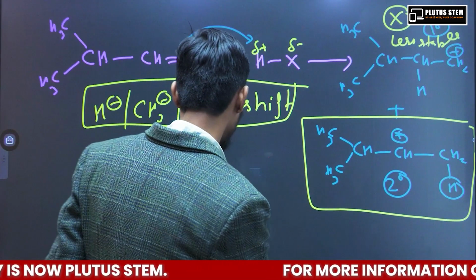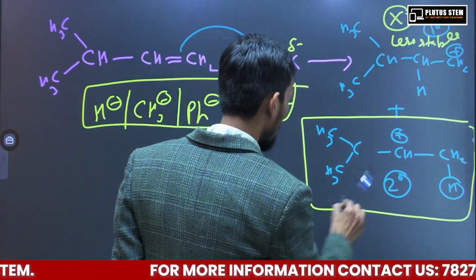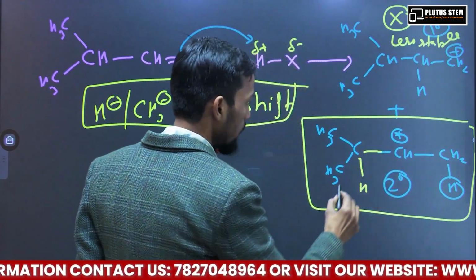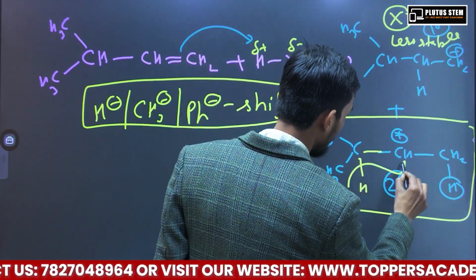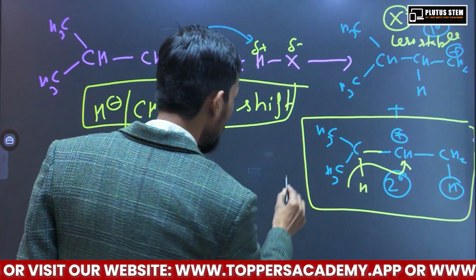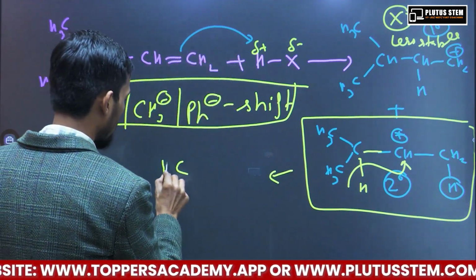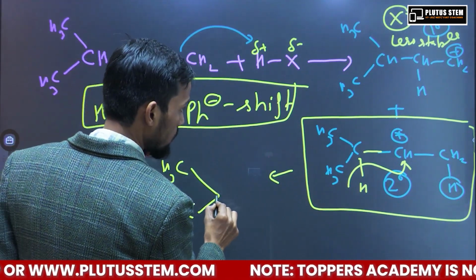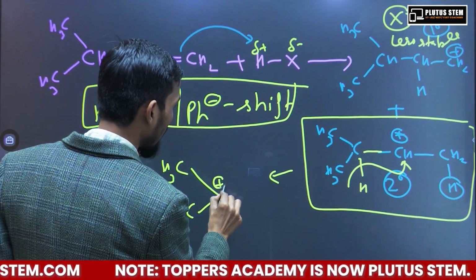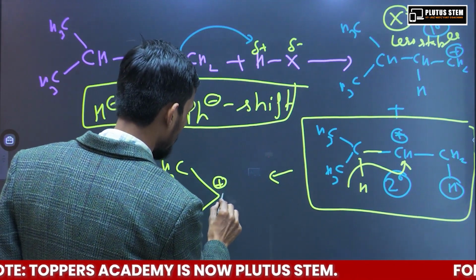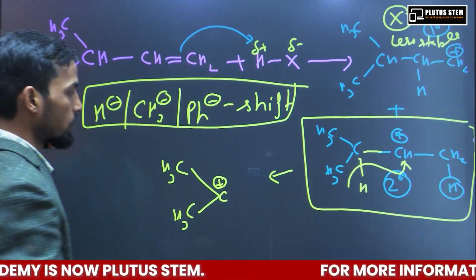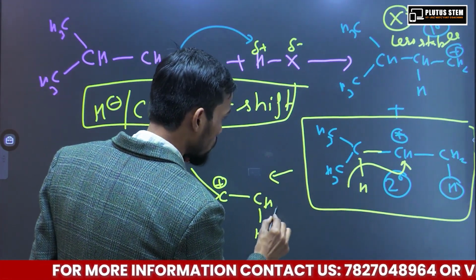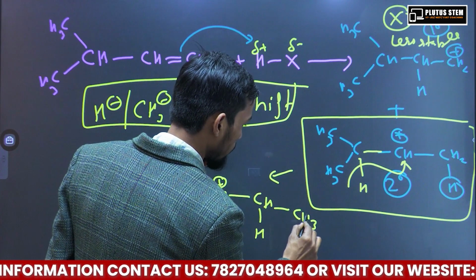So here is a possibility. If you see this hydrogen shift in the form of hydride, we will see a product like this. This is our carbon. A positive charge will be generated because from here we have taken a hydrogen, or you can say hydride, and this became H, CH3.